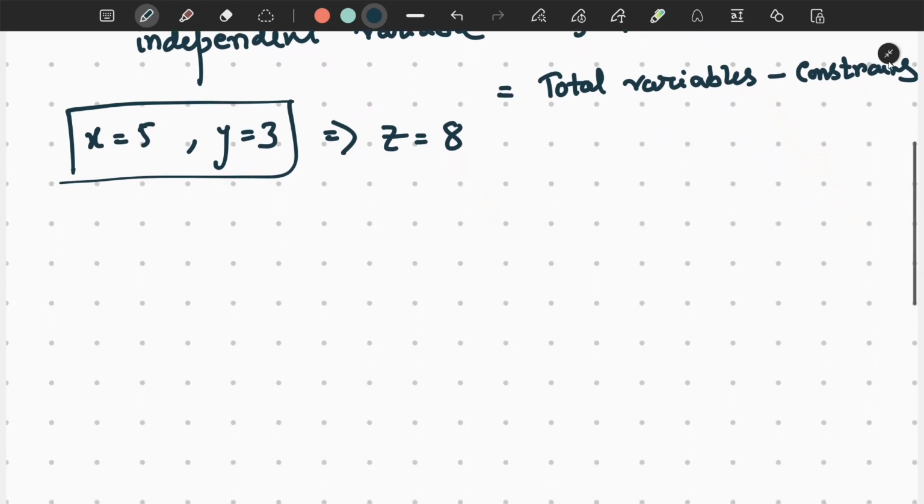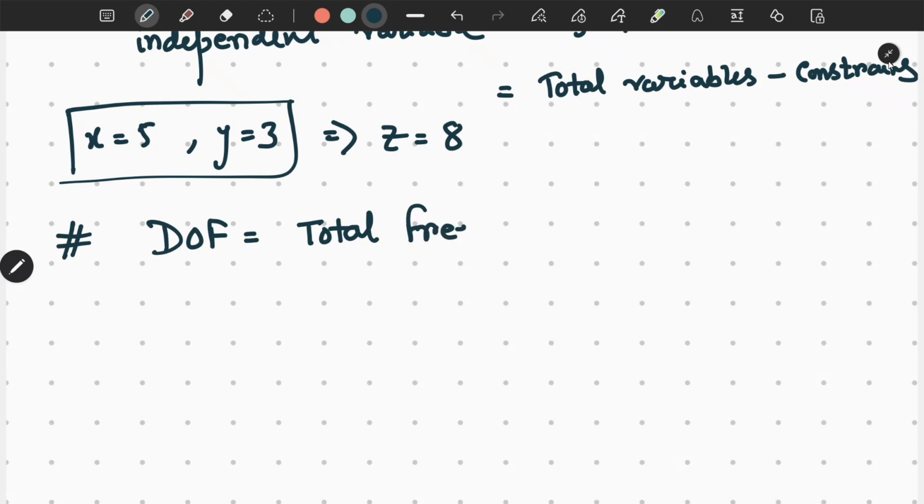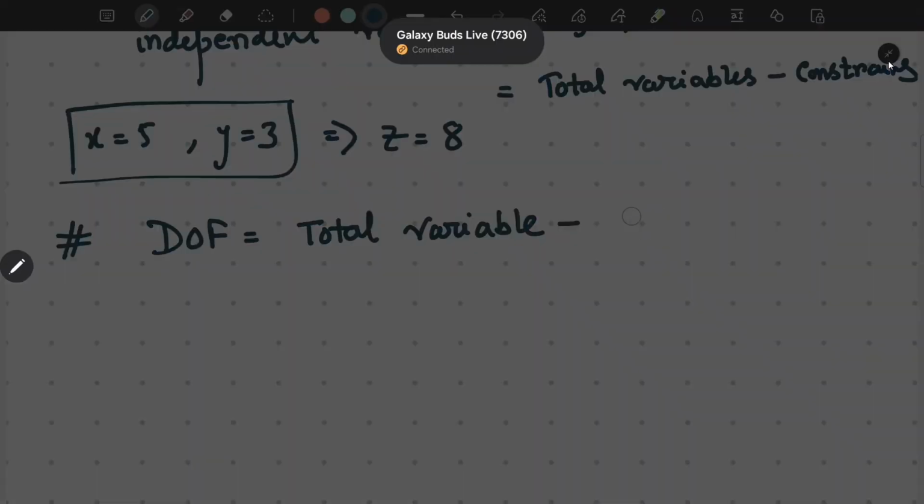In general, the definition of degrees of freedom is the total number of variables minus the restrictions or constraints.